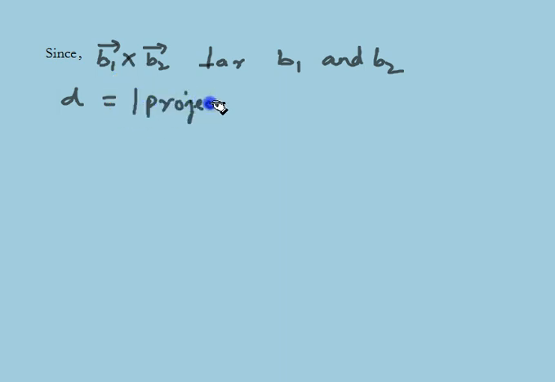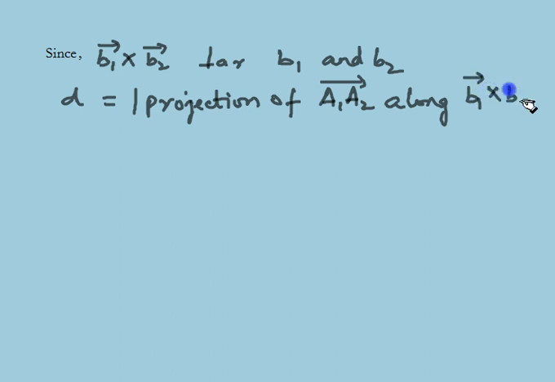projection of vector A1A2 along the cross product of b1 and b2.